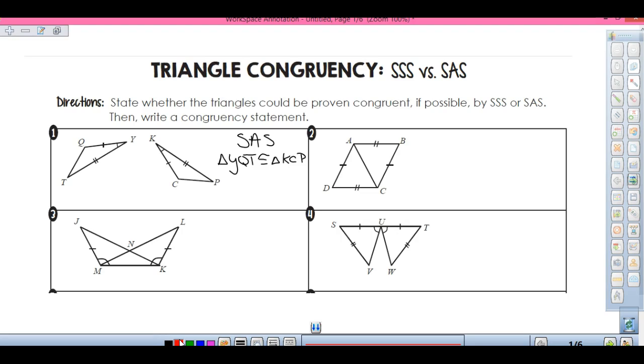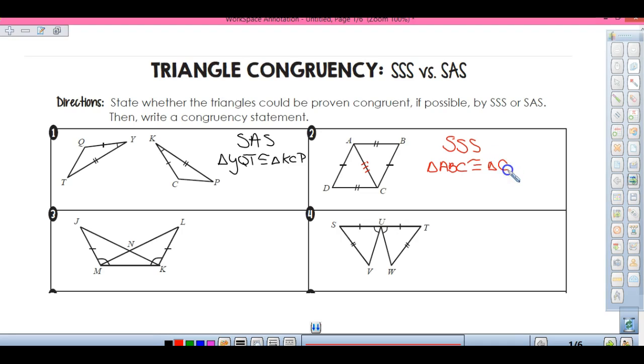Okay, number 2, what could I say? Because we can say that that middle one is also congruent to it. So therefore we have side, side, side, because we have all 3 sides congruent. So triangle ABC is going to be congruent to triangle, what?